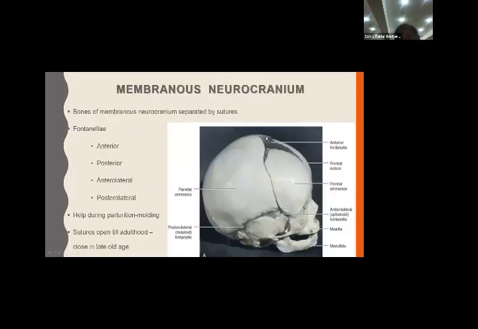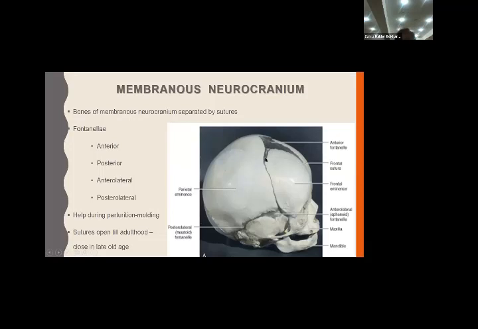The anterior fontanelle is between the two frontal bones and the two parietal bones. This diamond-shaped area is between the two frontal bones and between the two parietal bones. These four bones should have met over here, but a gap remains, this diamond-shaped area.